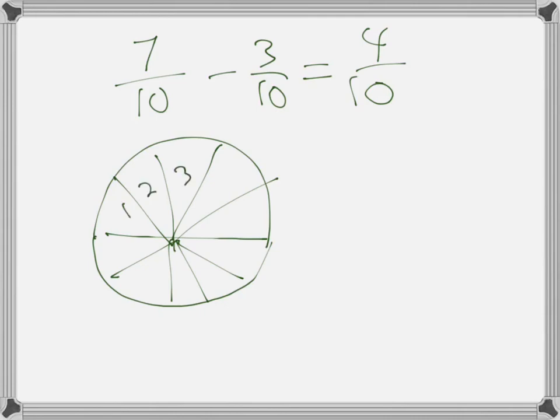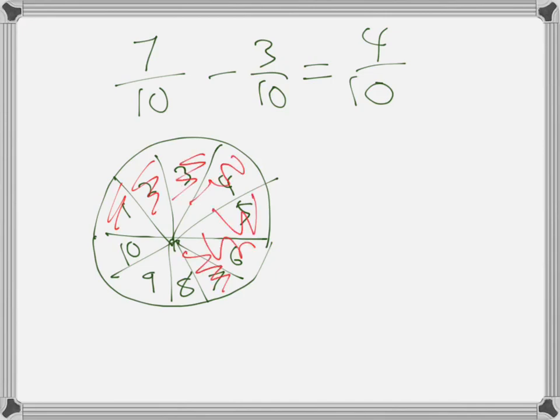If there were 7 pieces left, and somebody ate 3 of them, they took off these 3. What's left? How much of the pie? 4/10. It's the truth. That's why we leave the 10 on the bottom, because it's true.